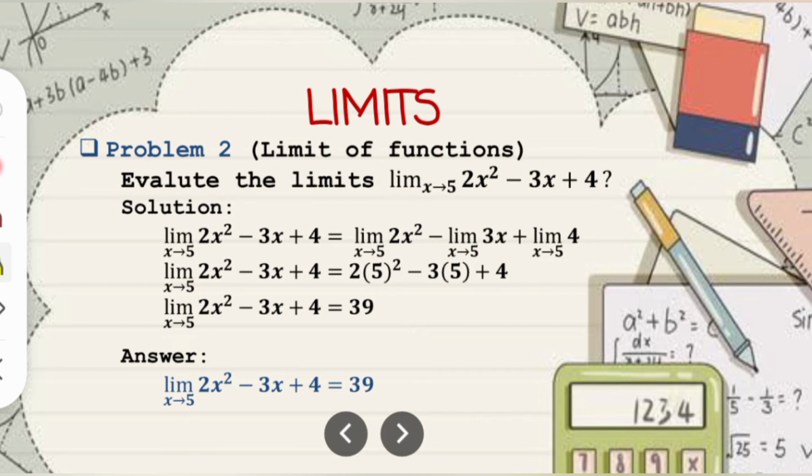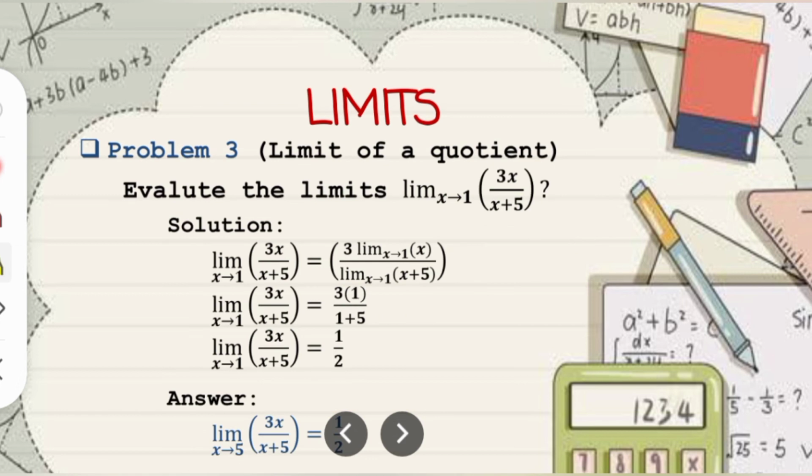So we have the solution: the limit as x approaches 5 of x squared, minus the limit as x approaches 5 of 3x, plus the limit as x approaches 5 of 4. We get 5 squared minus 3 times 5 plus 4, so we come up with the answer of 14.